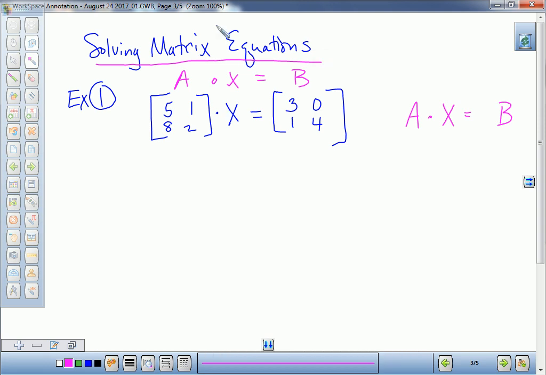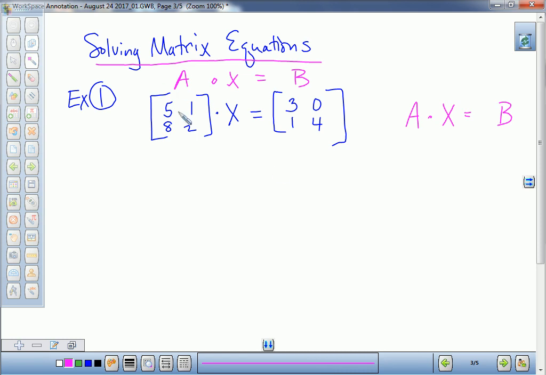Okay, so first of all, let's talk about how we would solve a matrix equation. Here we have a 2 by 2 times, the capital X stands for matrix X, equivalent to matrix B. So we call this one A, this one X, this one B. We want to solve for matrix X. Division by a matrix is not defined.